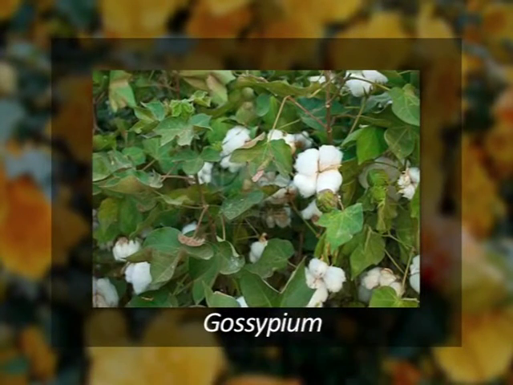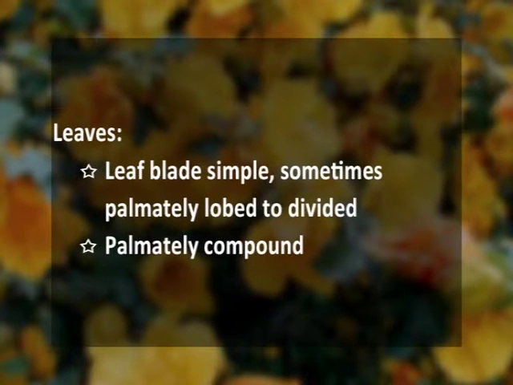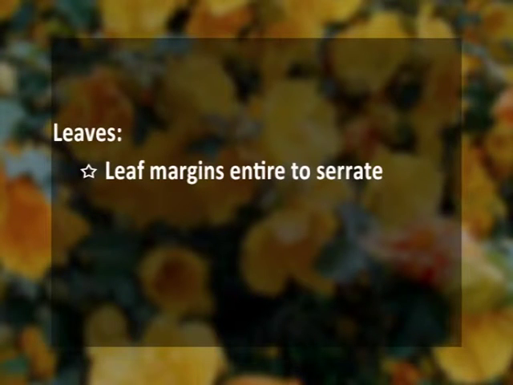We see this leaf blade as divided in the case of Gossypium, or very rarely the leaf can be palmately compound. The leaf margins in the case of Malvaceae leaf are either entire or they can be serrate.